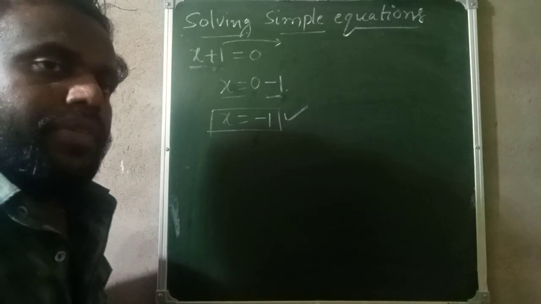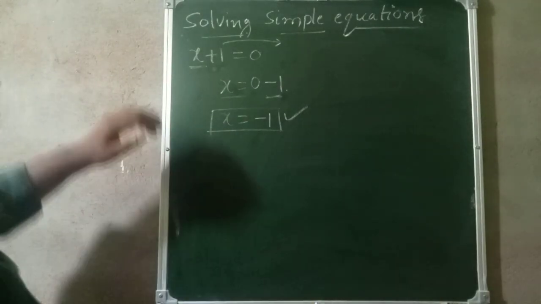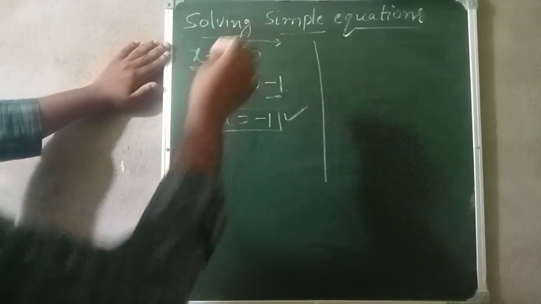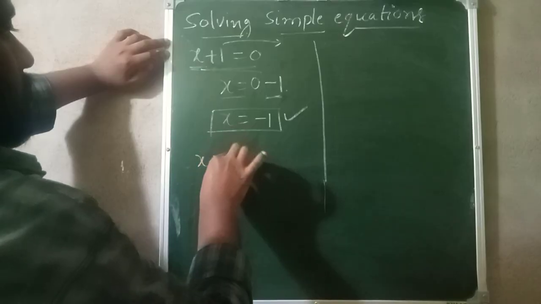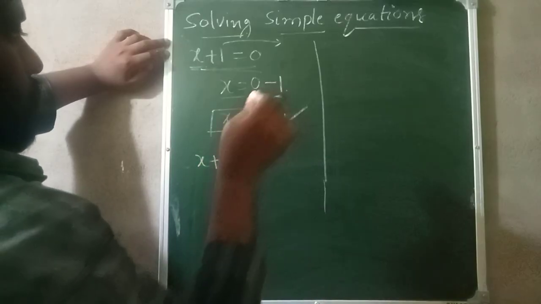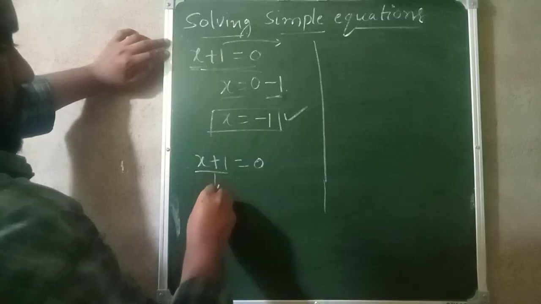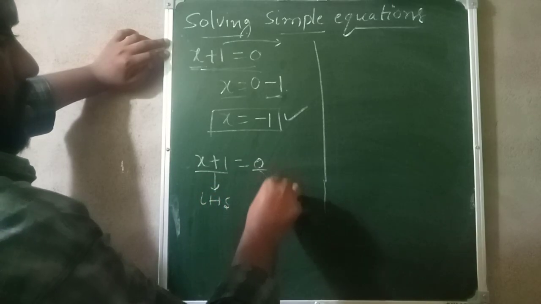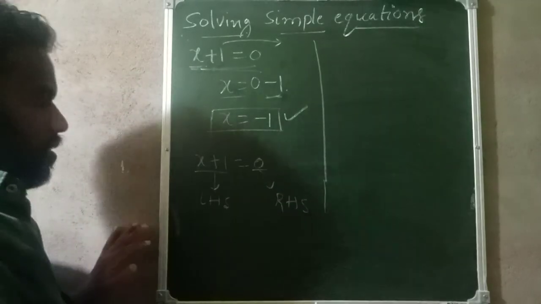Now next we will check whether this answer is correct or not. Before that I will write this equation once again: x plus 1 is equal to 0. Before the equal sign is the LHS, after the equal sign is the RHS.